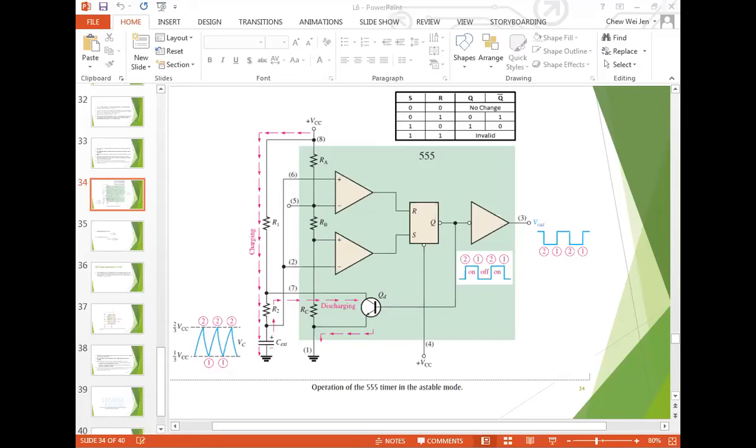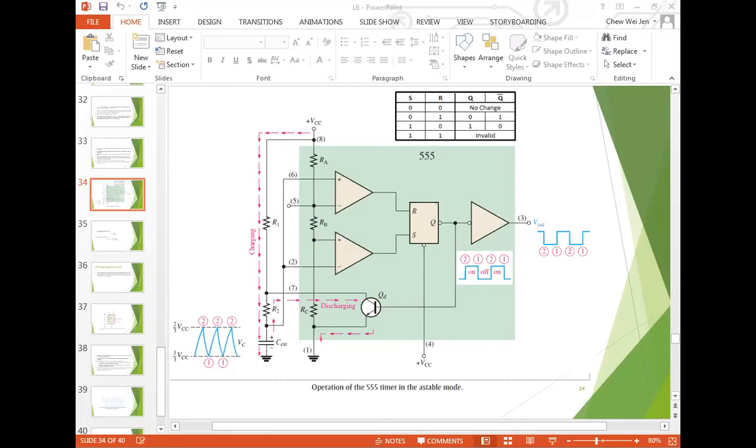Look at the lower comparator, 1/3 VCC. At first, this input is the voltage across your capacitor. Initially the capacitor was not charged, so it is 0. So 1/3 VCC is obviously bigger than 0, and the output is high at the moment. The upper one is 0 minus 2/3, so its output is low.